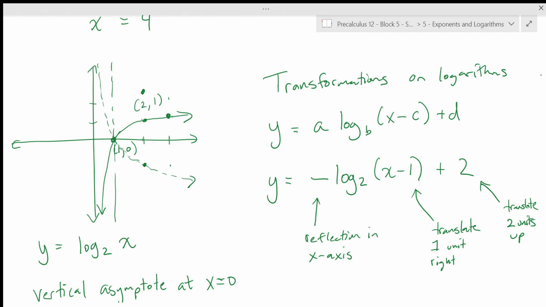So we've got this new function that's coming down right here. And that is what our transformed logarithm will look like.